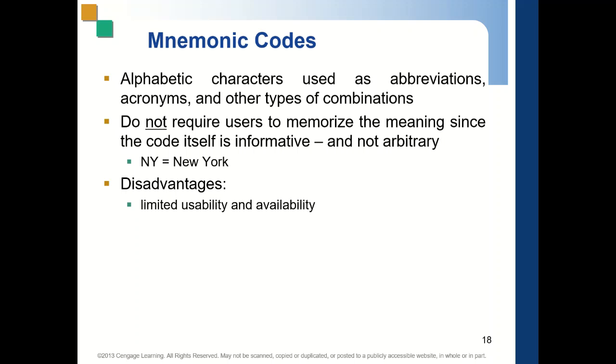Or later on at secondary, talking about the colors of the rainbow, some people will use the code Roy G. Biv, or backwards, Vib Gyor, I think it was. So that is a code that also helps you to remember what it is encoding.